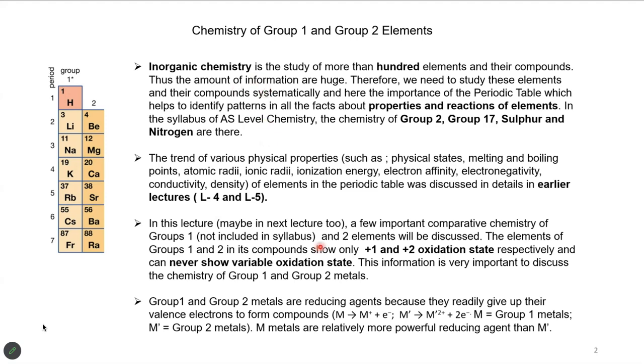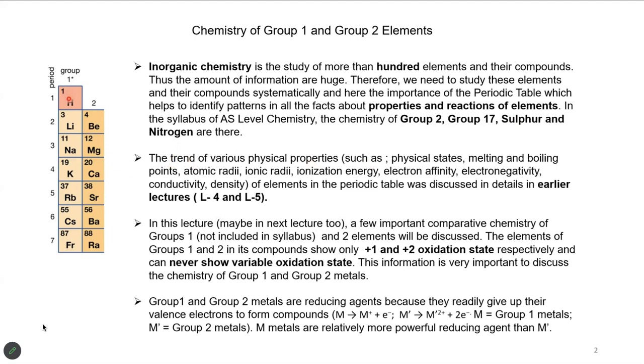But in inorganic chemistry, as I said, there are many elements, all grouped from 1 to 17, and their study will include inorganic chemistry, except carbon and silicon. Now, in AS level, we have only group 2 elements, group 17, sulfur and nitrogen, as I said.